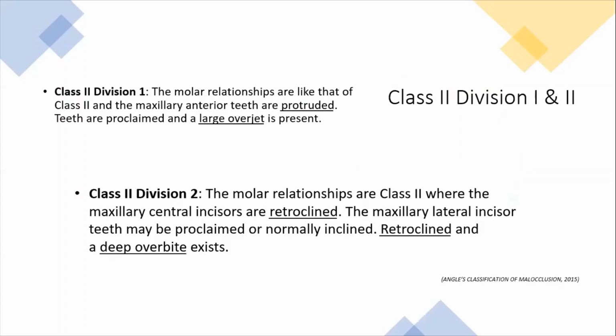This is overjet. So protruding out is an overjet. In class 2, division 2, those central incisors, those anterior teeth, they're retroclined, meaning they're tipped back and in. So you're not getting the flare, they're going the opposite way. They're going tipped in. And when this happens, you get a deep overbite.